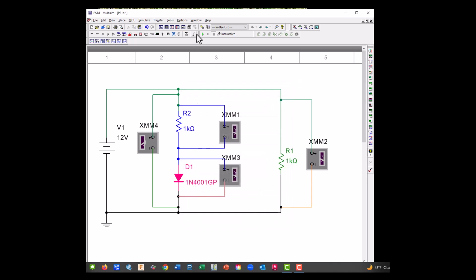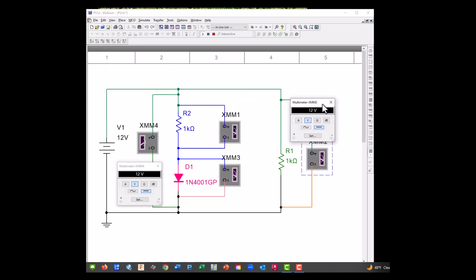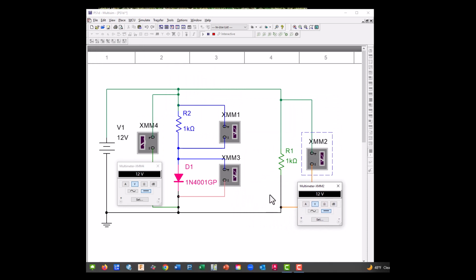Okay, let's start the circuit. So what are we going to get here? Well, it's parallel to our battery, so it's going to be 12 volts. And this guy, parallel to our battery, 12 volts.